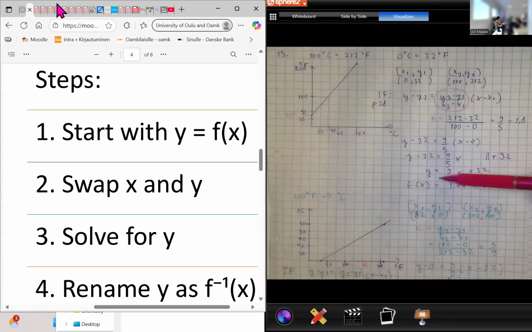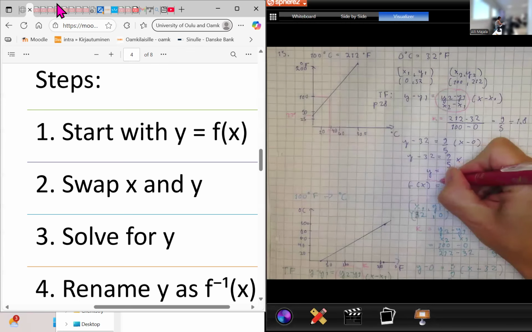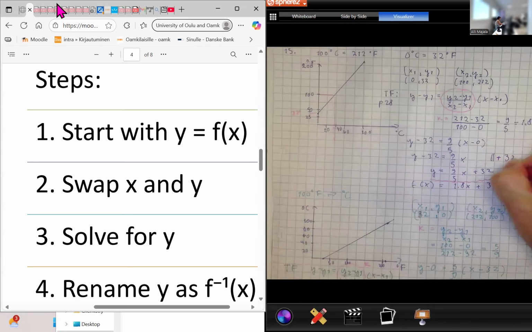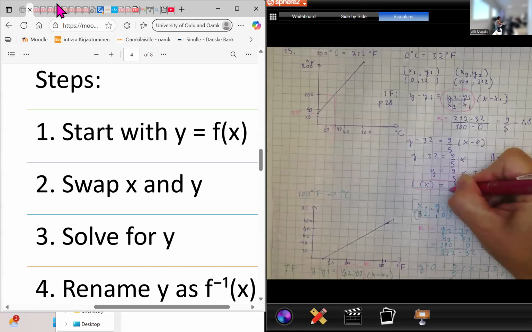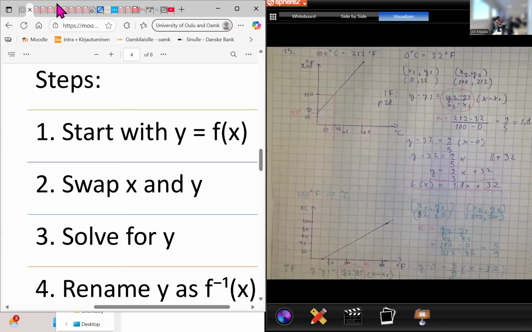Start with y is f(x) that we got here. So we had the function, and we just wanted to have the axes the other way around. And then we would swap.